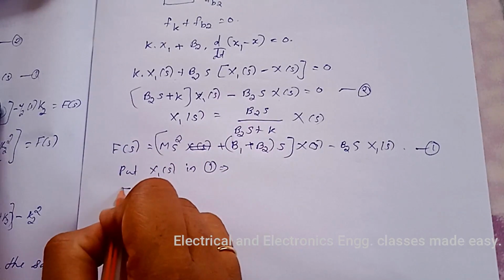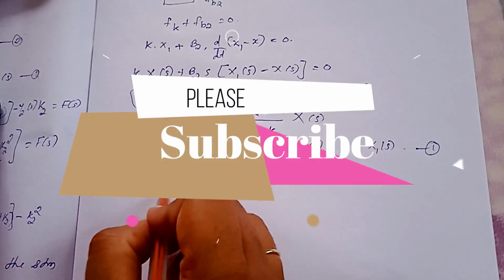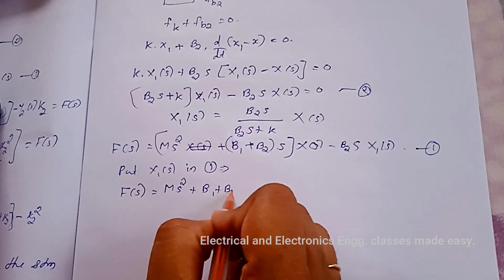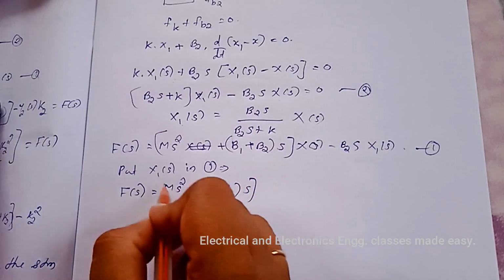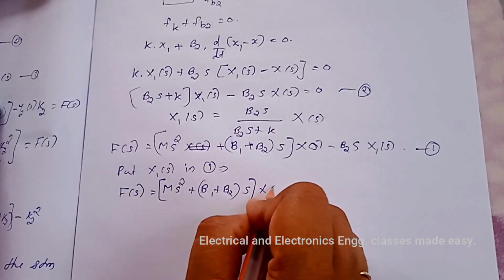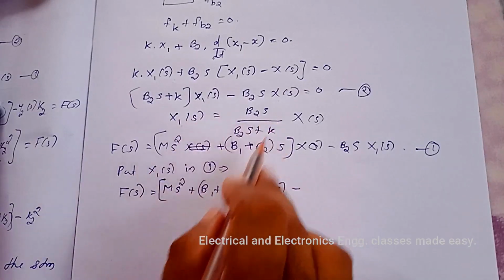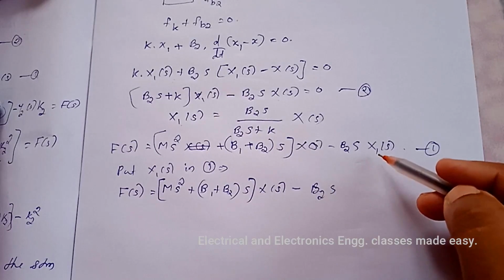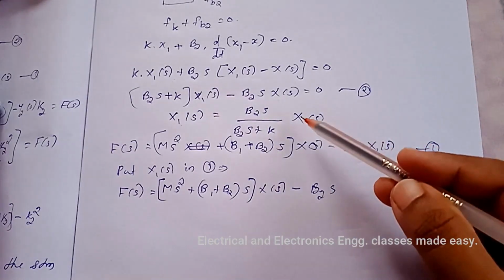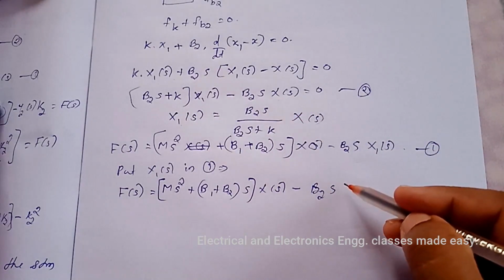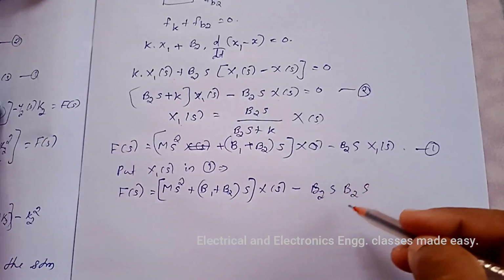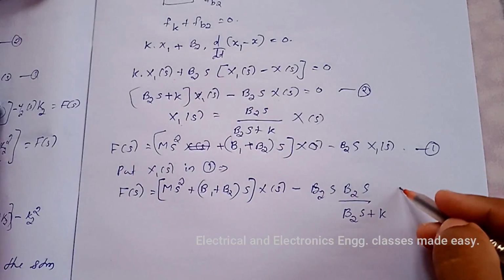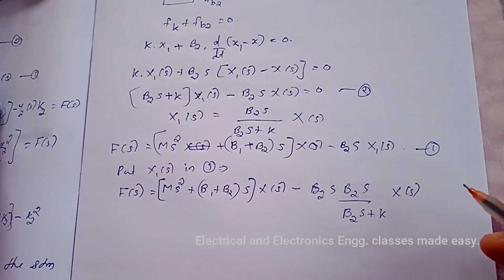So we get f of s equal to ms square plus b1 plus b2 into s x of s minus b2s into, for x1 of s we have to substitute this value, that is b2s divided by b2s plus k into x of s.